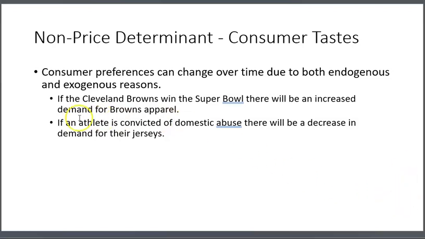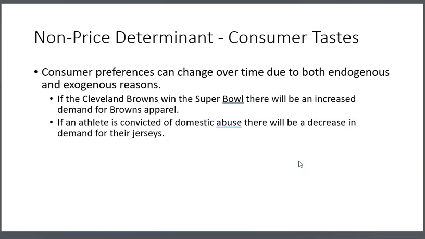Another example, and this is one that I've seen in my lifetime, is athletes can sometimes have their products fall out of favor because of something that they do in their personal life. For example, an athlete that's convicted of some sort of crime may see a big decline in their jersey sales because people don't want to be associated with them.